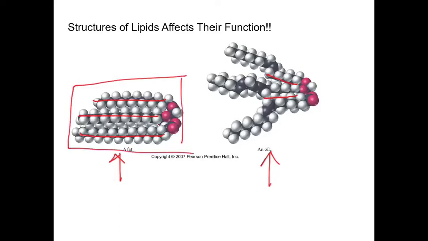So at room temperature, the ones on the right, the ones with cis bends in them, are already partially pulled apart, so at room temperature that's enough heat to have moved it from the solid phase into the liquid phase.